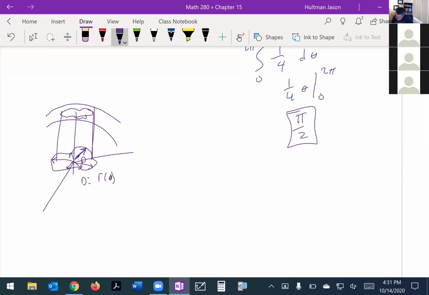It's a lot more complicated than just the area under a curve. With area under a curve, we'd just integrate. Here we're taking this area and integrating under a three-dimensional surface to find the volume of that cylinder. So, fun stuff.